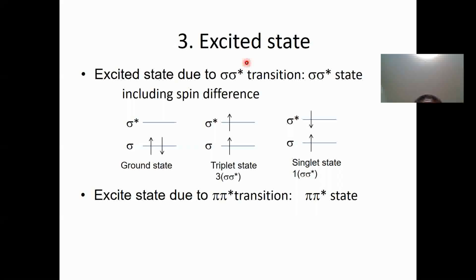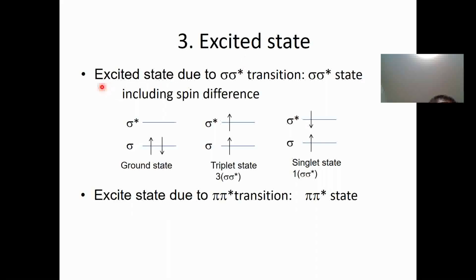When light is irradiated onto molecules, the molecules always absorb light and then change from the ground state to the excited state. So in any photochemical reaction, the excited state is quite important.